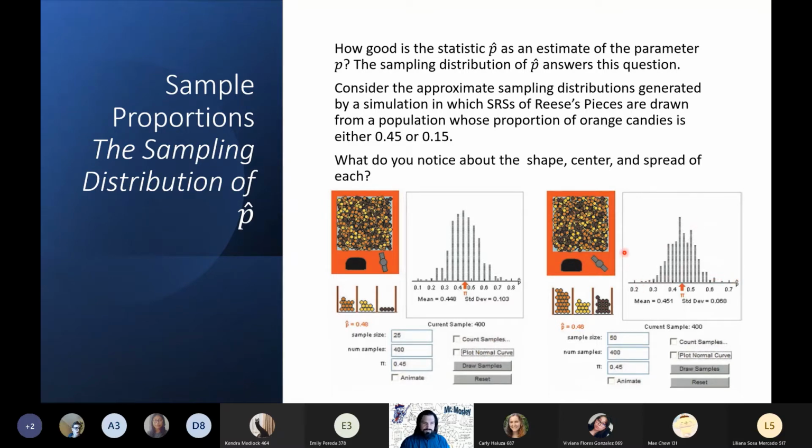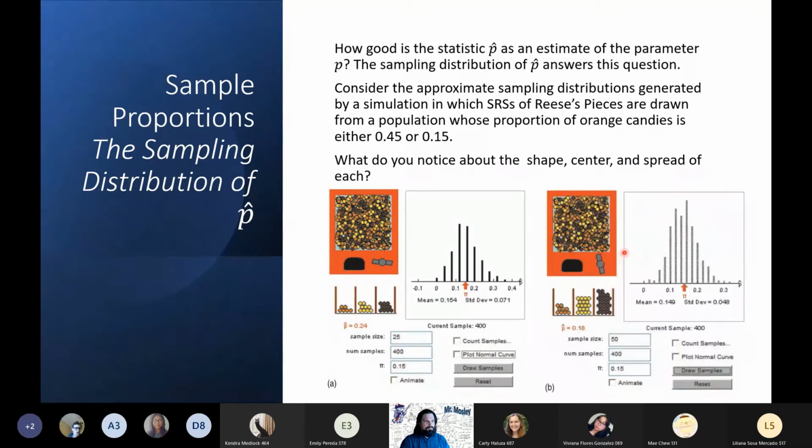If we change our proportion from the population to 15%, we get these two dot plots, in which, again, we still get something that's approximately normal for both. Right? The larger sample size resulted in a less varied distribution.